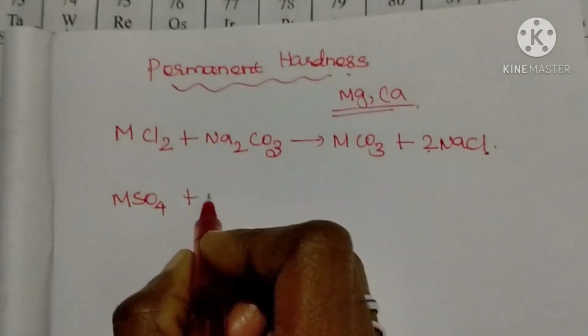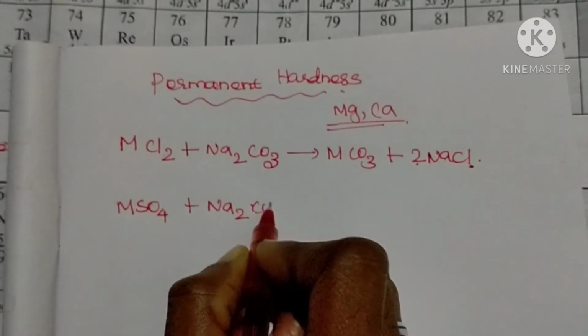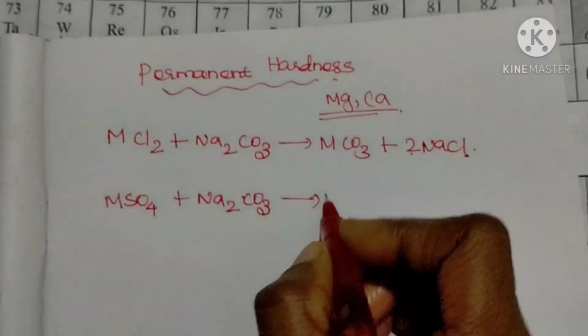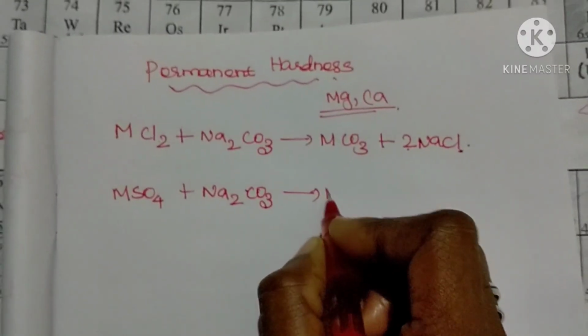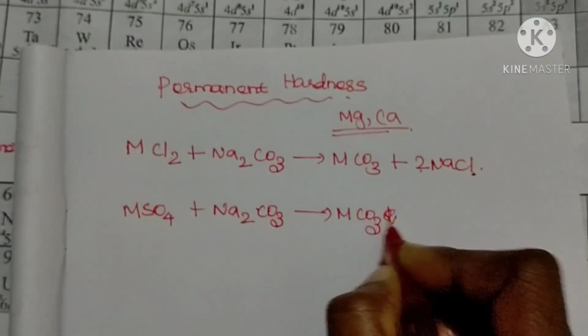And the next one, the sulfates of magnesium and calcium. That means magnesium sulfate and calcium sulfate are again treated with washing soda, Na2CO3.